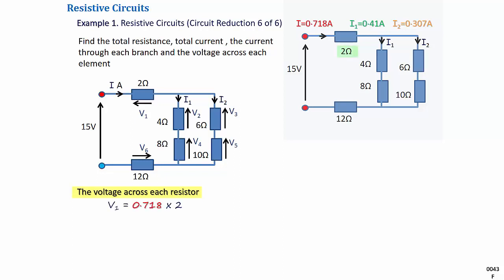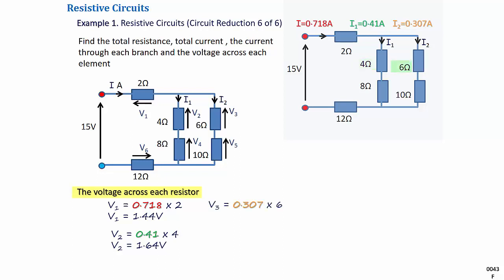V1, the voltage across the 2 ohm resistor, equals 0.718 times 2, which equals 1.44 volts. V2, the voltage across the 4 ohm resistor, equals 0.41 times 4, which equals 1.64 volts.